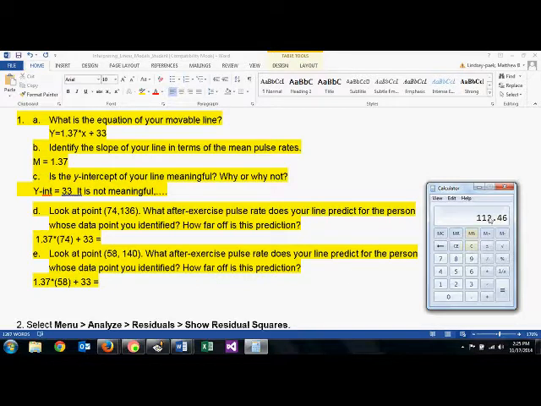Remember, I calculated 112.46 with my regression model, but I know for a fact that their pre-exercise pulse rate was 58 beats per minute on average, and their post-exercise average beats per minute was 140. So I have a pretty clear idea of how effective it was for people who aren't very close to the model.